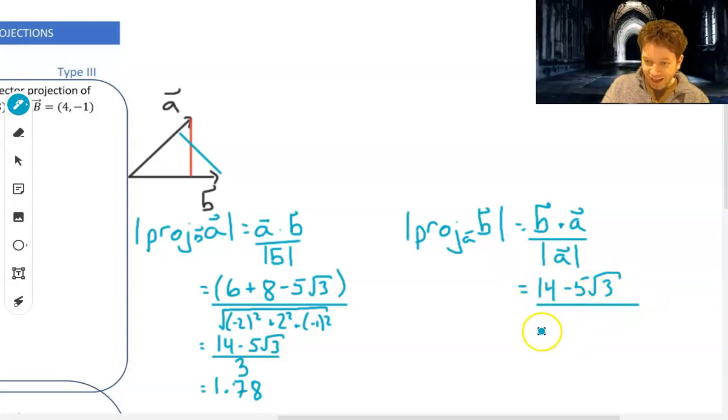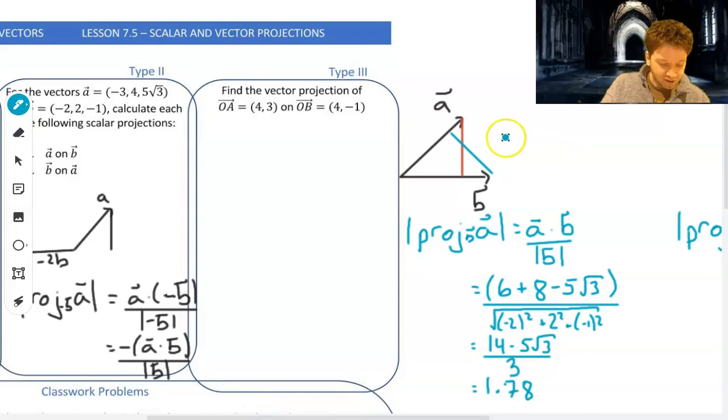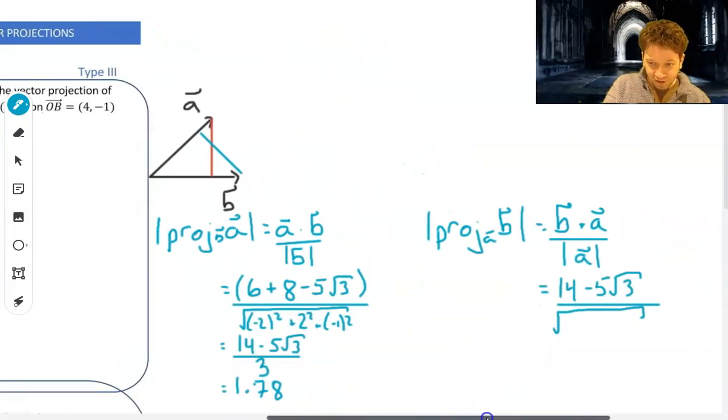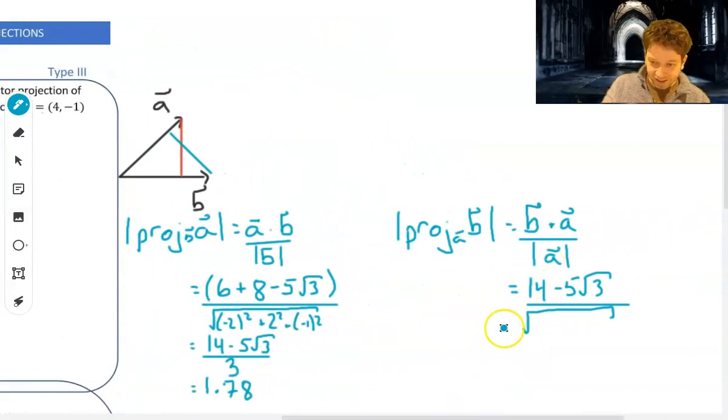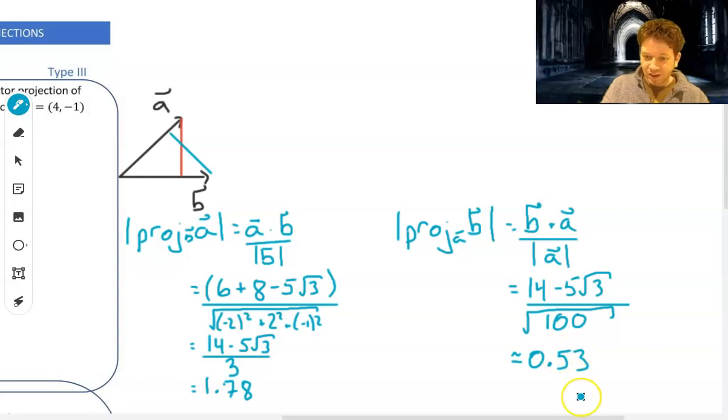And the magnitude of A would be the square root, we just go back and look at A. So it'll be minus 3 squared plus 4 squared plus 5 root 3 squared. And that gives us, if we add them all, the square root of 100, which is just 10. And all of that is approximately equal to 0.53. So no, the scalar projections of A on B are not the same as the scalar projections of B on A.